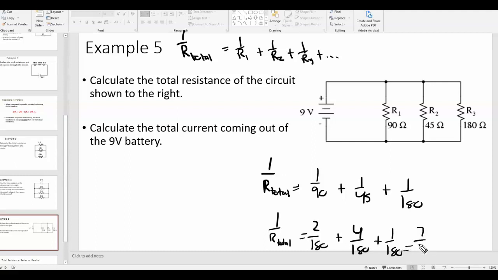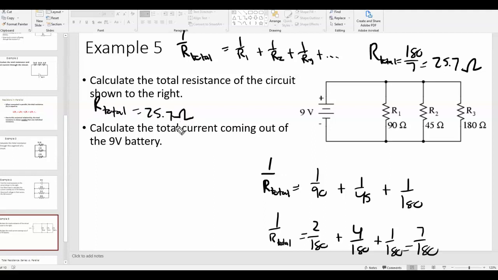That's going to be 7 divided by 180. And so to get our total by itself, I'm going to flip that fraction. 180 divided by 7 is going to be 25.7 ohms. So the total resistance is going to be 25.7 ohms.